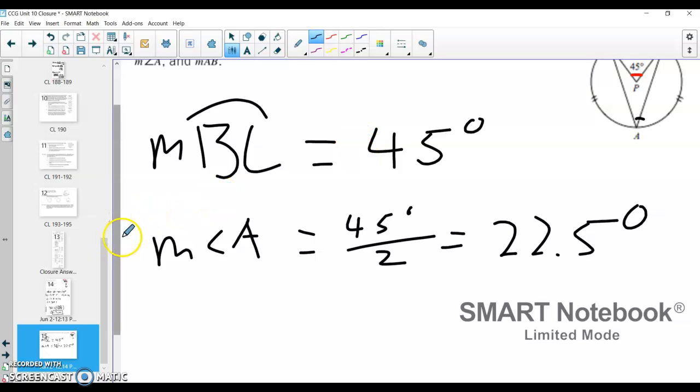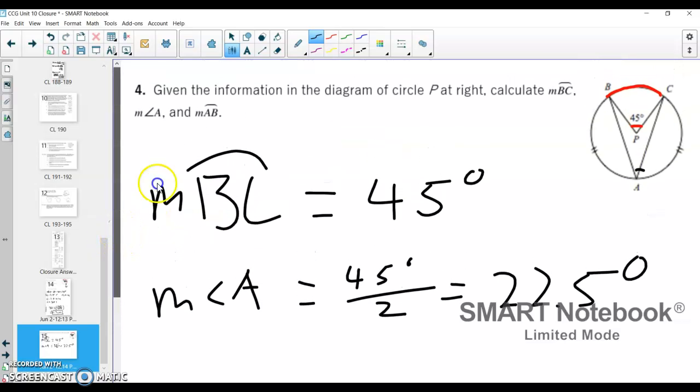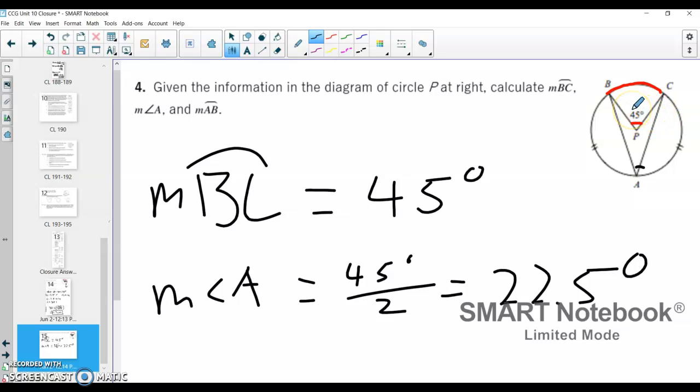All right, and then the last one, we need to find the length of AB. What we have here is kind of like an isosceles triangle almost. This length and this length are the exact same. And so what we have is a circle has 360 degrees in it.